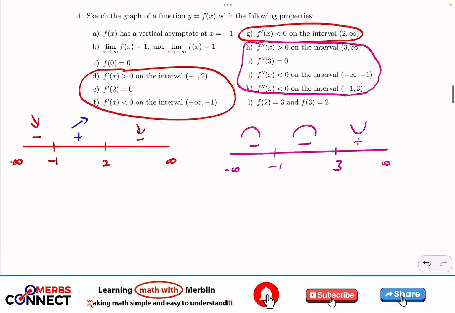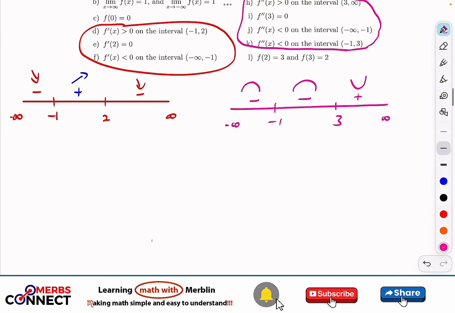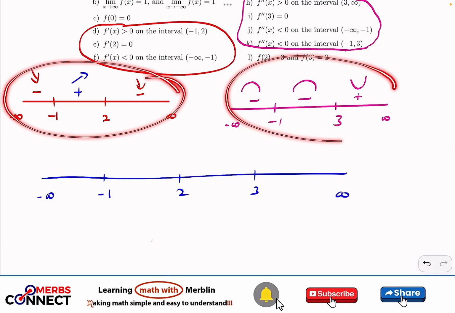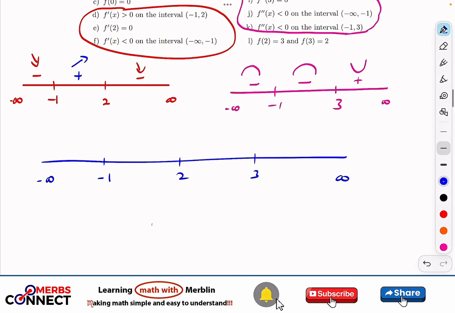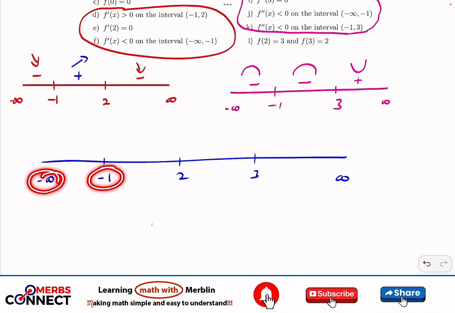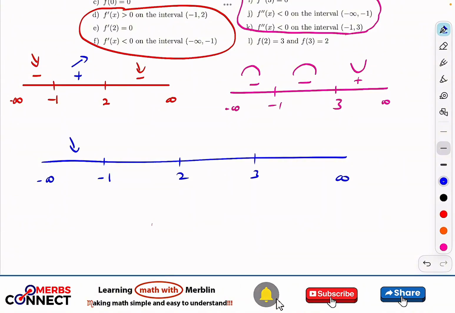So now, before we draw the diagram, let me combine these two, concave up and down, and increasing and decreasing here. Combining this, we have from negative infinity to minus 1, to 2, and to 3, to positive infinity. So I'm just combining this and that. Now what is happening here is from minus infinity to minus 1, this is decreasing.